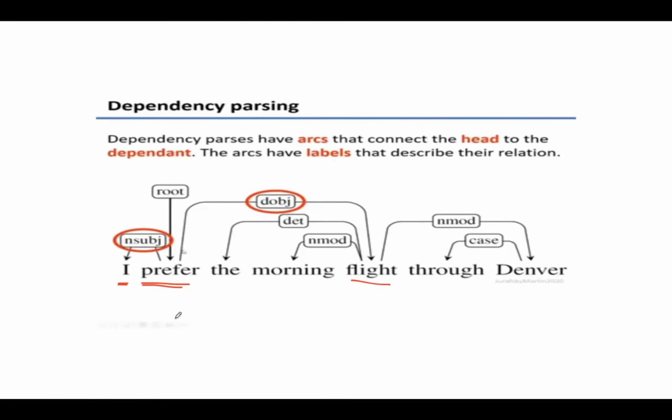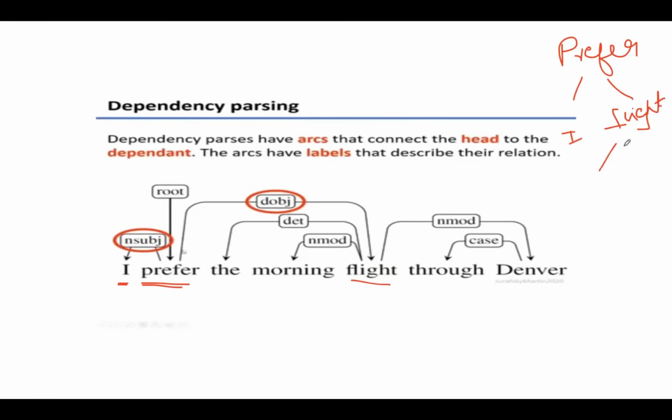You can even draw a simple representation for this sentence. First let us take prefer, that is the root word, and we are having I. I is subject and flight is object, so write it as subject and object.